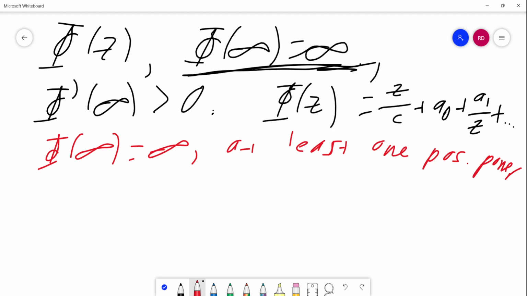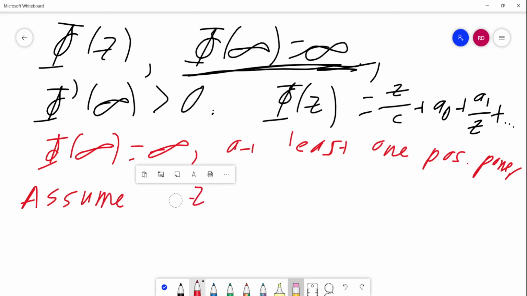But what about the derivative? Well, let's suppose, just for contradiction's sake, we had z to the n. Let me say this again.